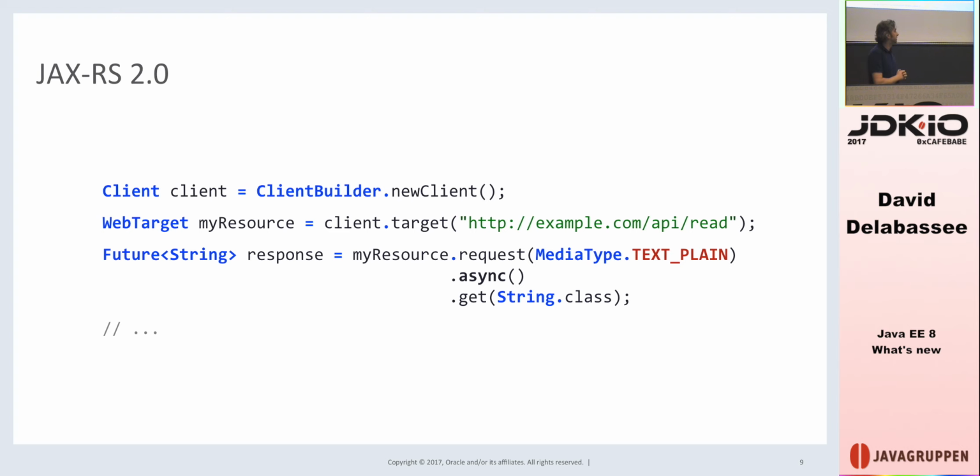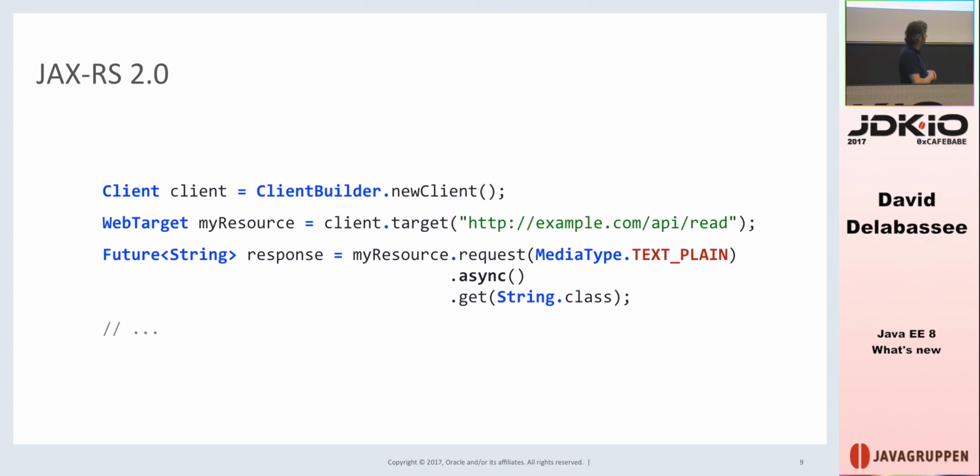Luckily for us, in JAX-RS 2, we also have an asynchronous behavior. To turn a blocking request into an async request, we just have to use an asynchronous invoker. So that's what I do using that async method invocation. It's just to tell the client-side container that I want to do this request in an asynchronous fashion. And you see that what I expect to get back is of string type, but what I actually get back is a future of string type.